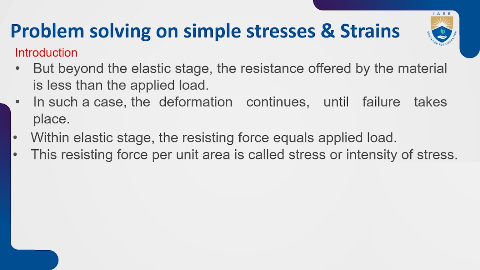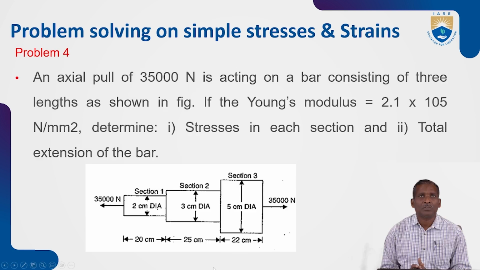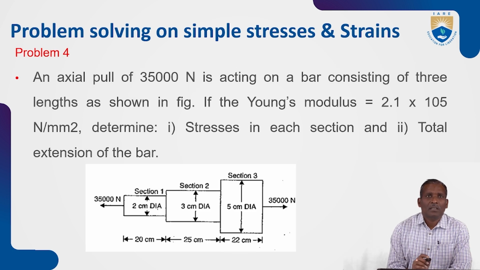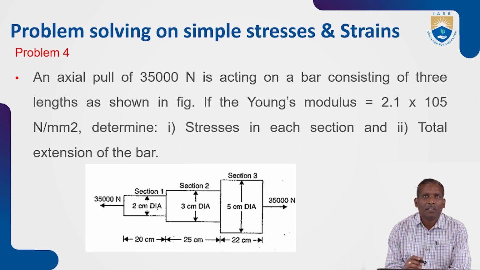We have already completed three problems in the previous session. In this session we will see some more problems, starting with problem number 4. In this problem, a variable cross section is given.